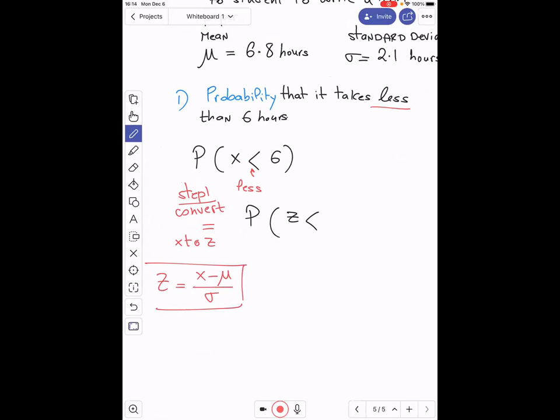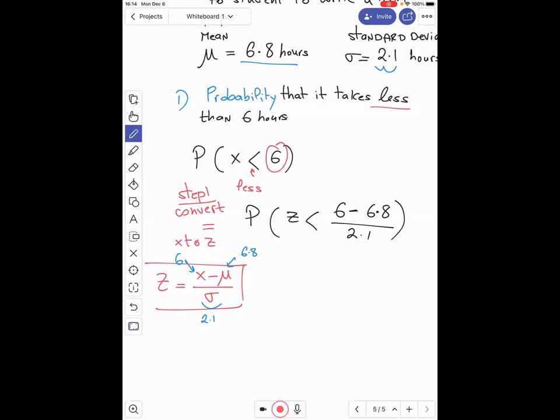This is a value of X and you want to convert it to Z. So X in the formula is 6. The mean mu is given, 6.8 hours, and the standard deviation is also given, 2.1. So that will be 6 minus 6.8, the mean, over the standard deviation, 2.1.